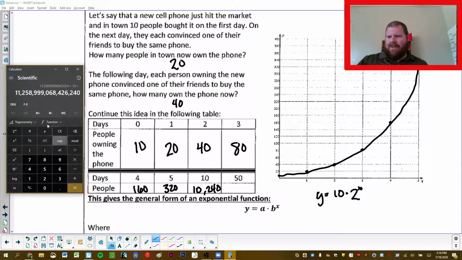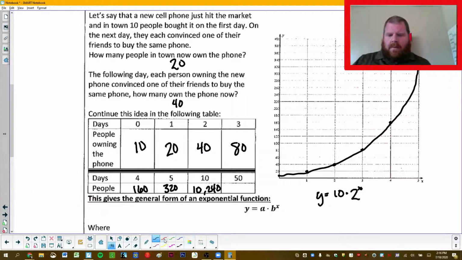Multiply that even farther. And all right, let's try to pare this down a little bit. I have hundreds, thousands, million, billion, trillion. I don't even know what's after. So let's go ahead and say on the 50th day, here we go, a lot.